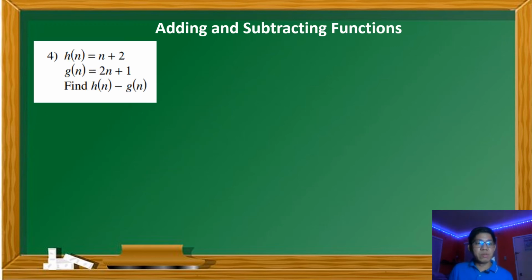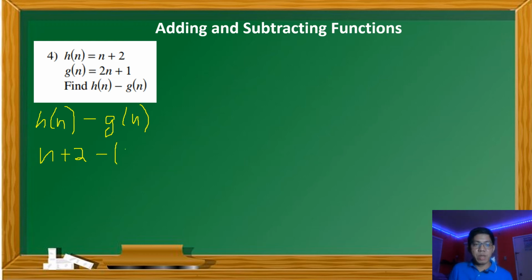So let us proceed to subtracting functions. So you have h of n is equal to n plus 2, then g of n is equal to 2n plus 1. So we're going to find h of n minus g of n. Here, our h of n is equal to n plus 2. Minus, kapag minus, mag-open and close parenthesis kayo.